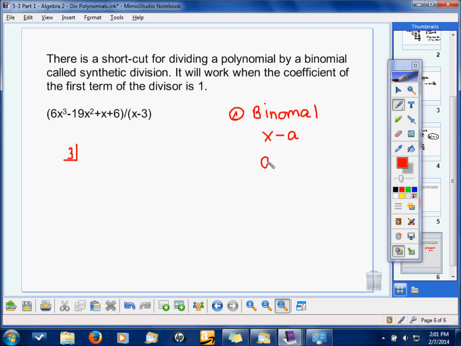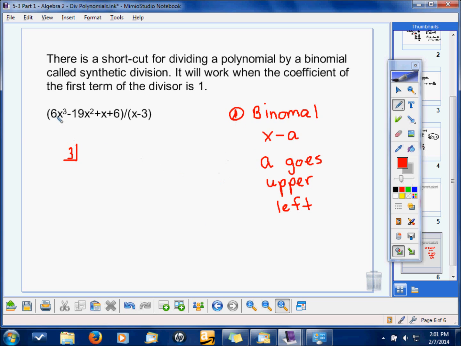Okay, a goes in the upper left box. It's much easier to do than it is to explain. Okay, so that's step 1.